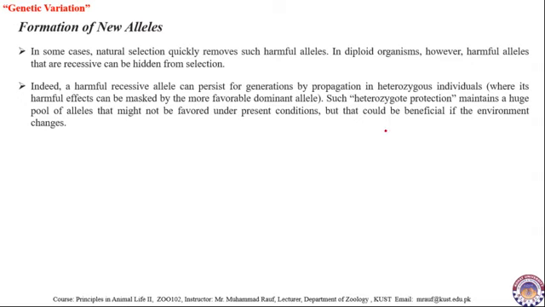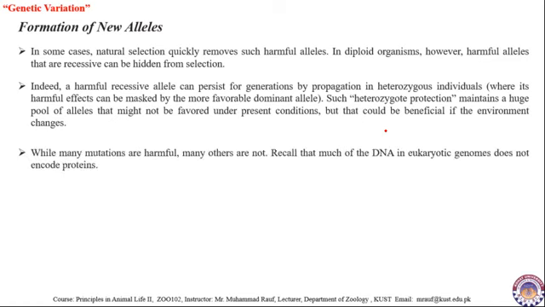These alleles, although not favorable under the present circumstances, are carried by that particular individual or the population, so that maybe some time in the future the environment changes, and these mutant alleles may be beneficial in that changed new environment.